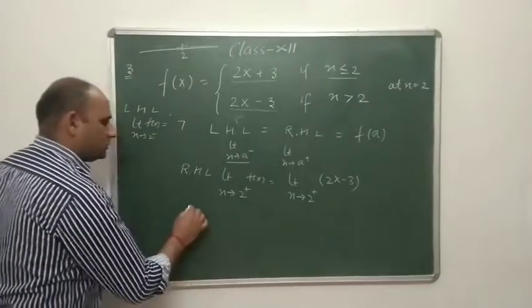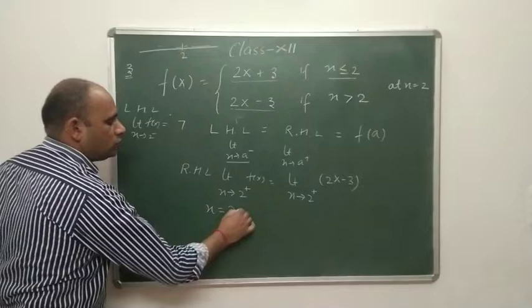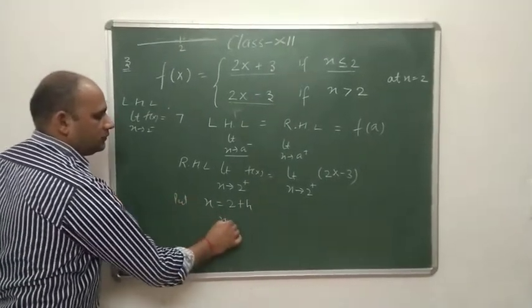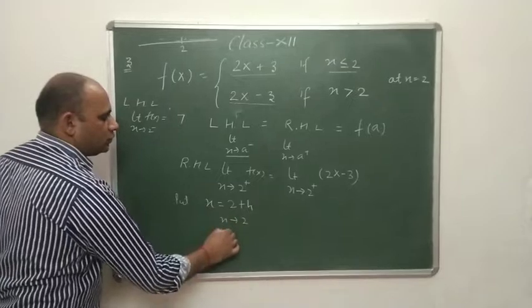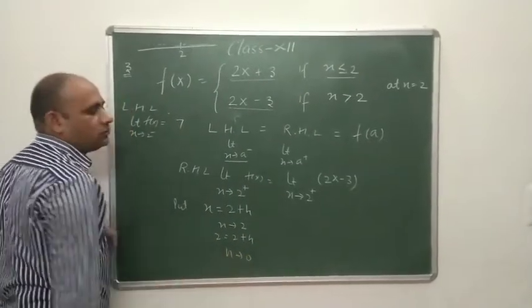Now we will put x is equal to 2 plus h. Now if x tends to 2, then 2 is equal to 2 plus h means h tends to 0.